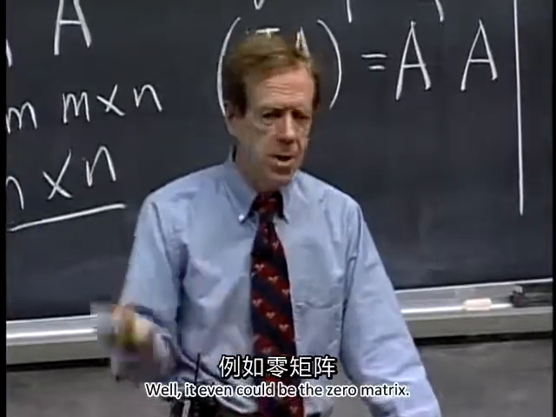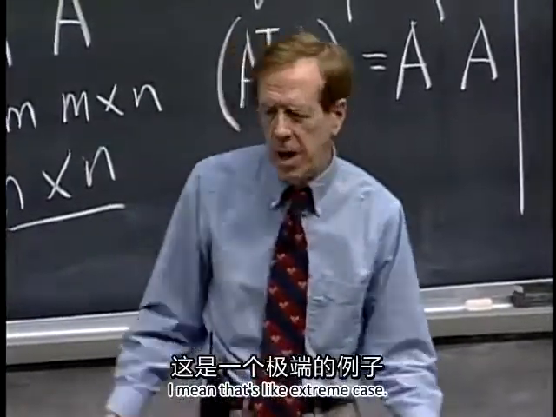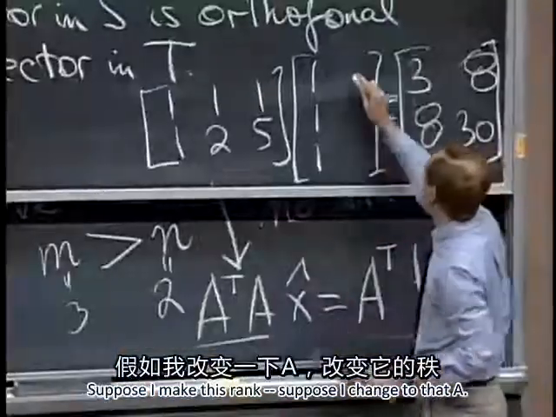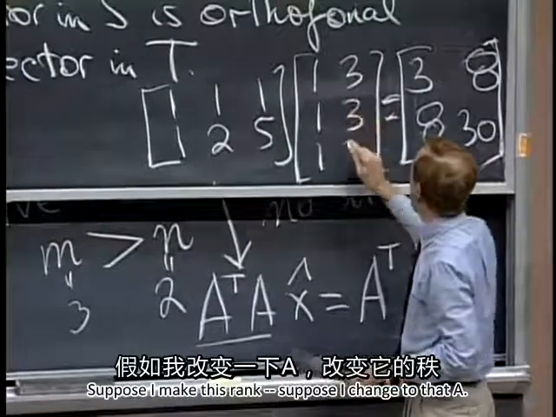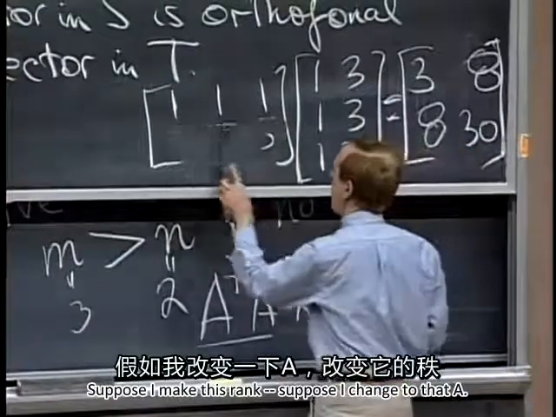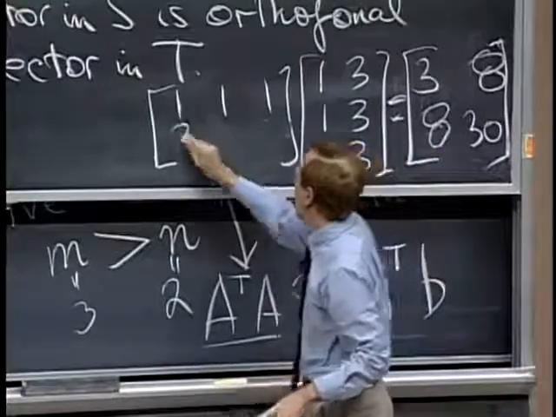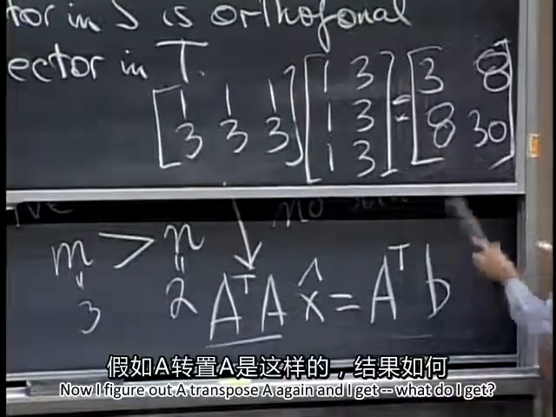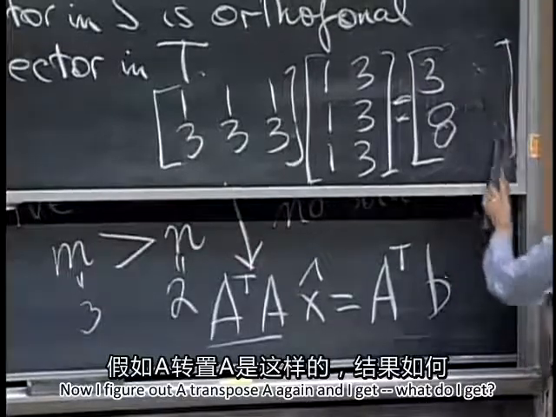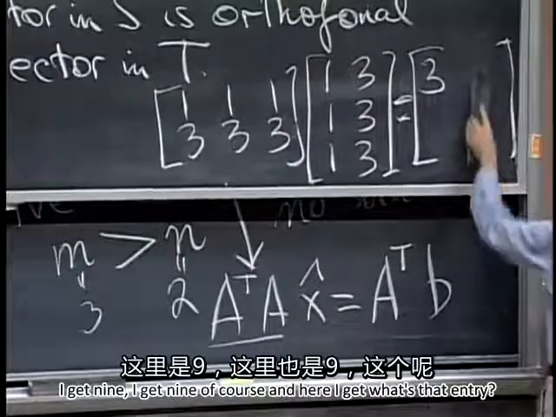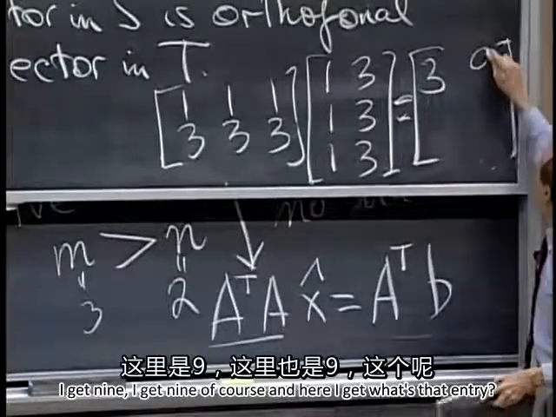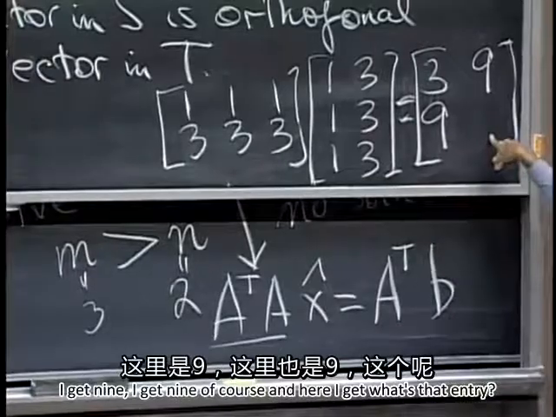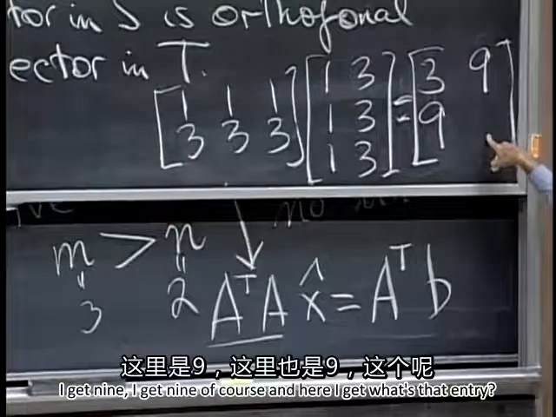Well, it could even be the zero matrix, but that's an extreme case. Suppose I change to that A. Now I figure out A transpose A again, and I get 9, of course. And here I get 27.